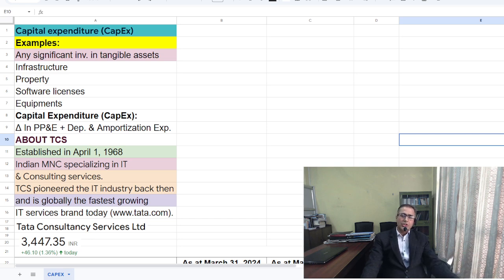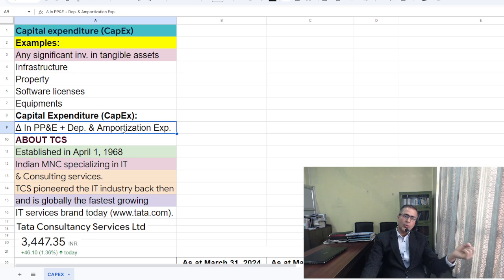And today's discussion would be more about how we could estimate the capital expenditure. Particularly, I will be taking the reference of Tata Consultancy Services. And before that, you need to understand here, friends, how we calculate, estimate the capital expenditure. This is simply the change in property, plant and equipment.